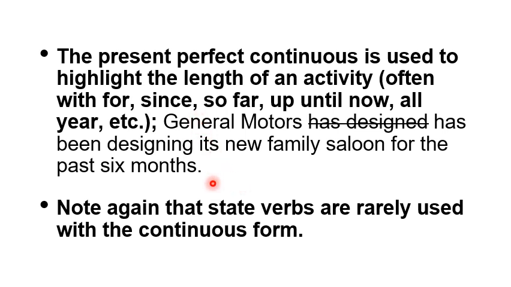And remember that state verbs, as we studied in the last term and earlier in this lecture, are not used with the continuous forms: present continuous, past continuous, and perfect continuous.